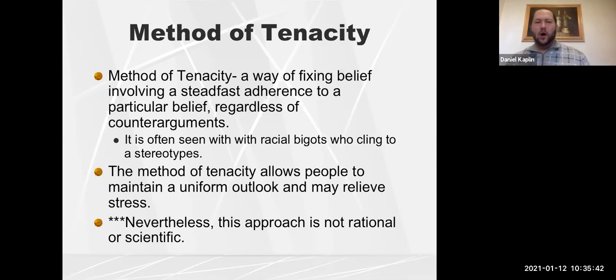So they might say, oh, I don't know, whites are better than ethnic minorities, or more intelligent than ethnic minorities. And then you start pulling out the research of nature and nurture and how they go hand in hand on IQ. It won't make a difference. They're going to stick to their belief regardless of the counter evidence.